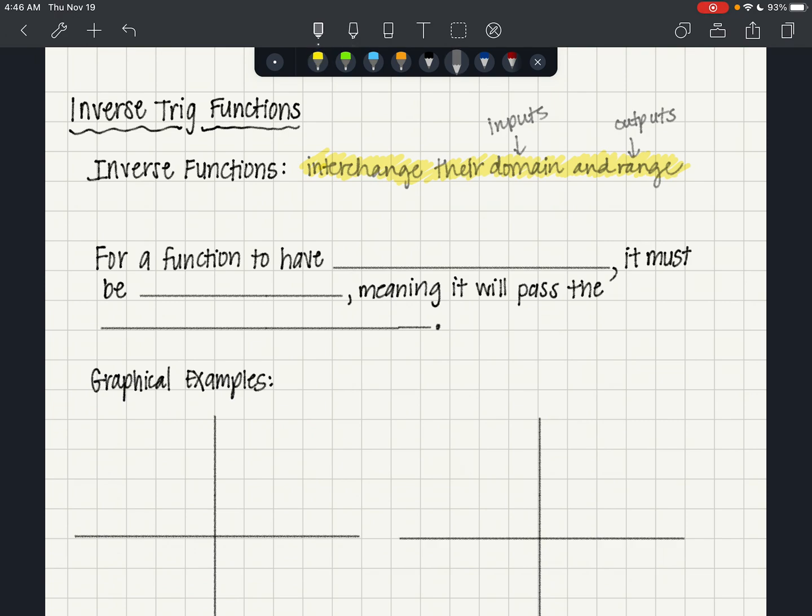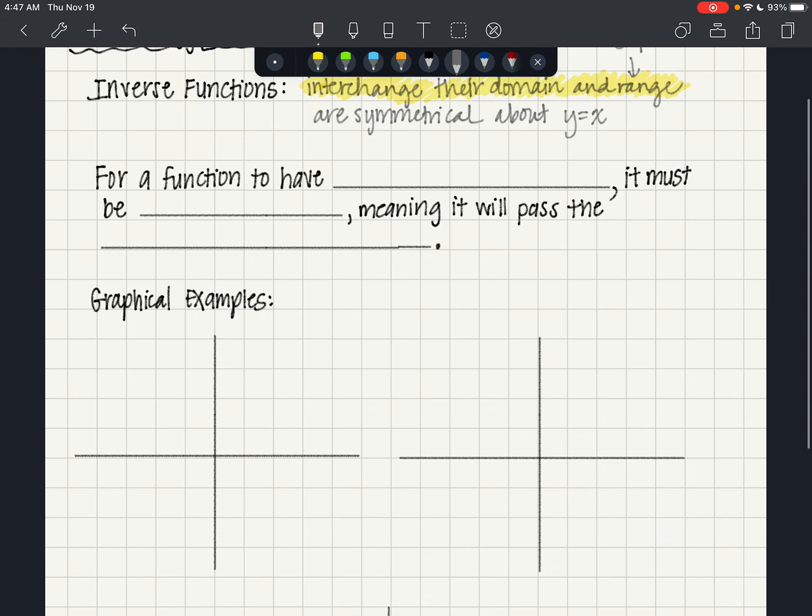These functions are symmetrical about the line y equals x. So you may recall that in working with inverse functions, when we have a quadratic function, its inverse, polynomial functions, rational functions, square root functions.